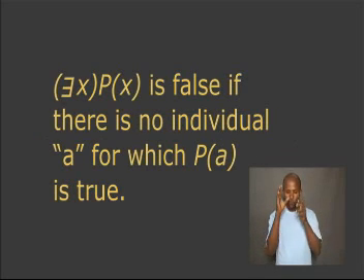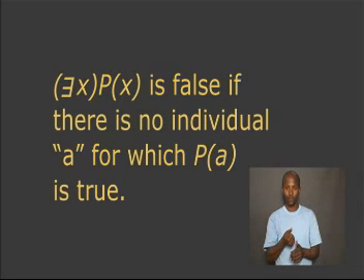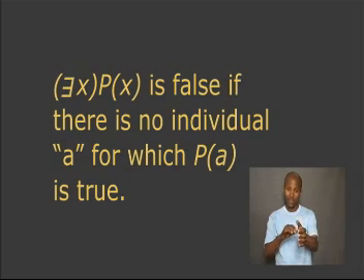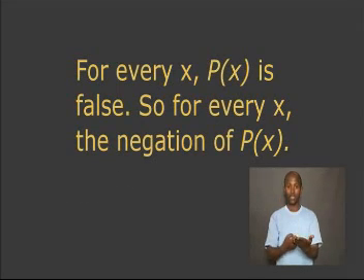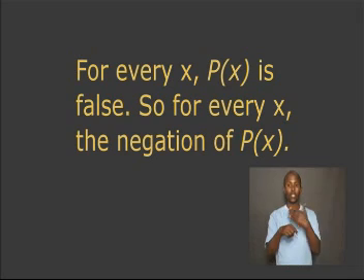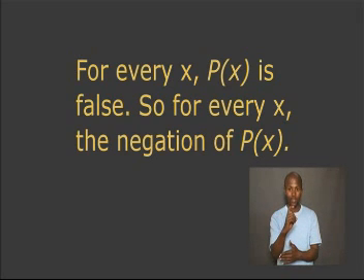To find the symbolic form of the negation of there exists some x for P of x, we can follow a similar chain of reasoning. This statement is false if there is no individual a for which P of a is true. So, for every x, P of x is false. Therefore, for every x, the negation of P of x is true.